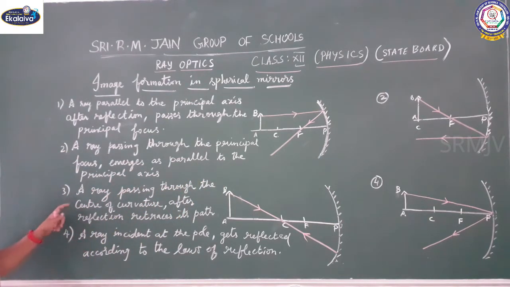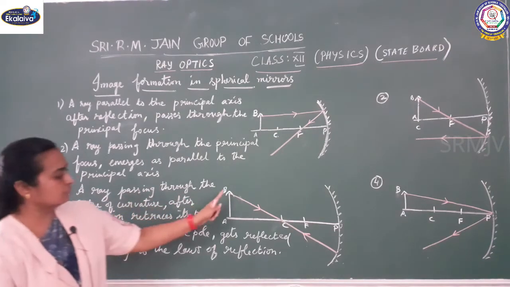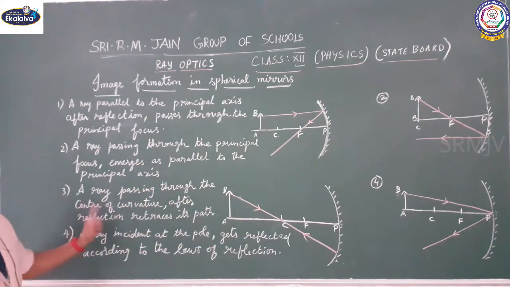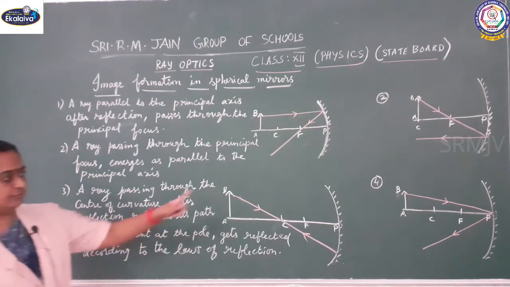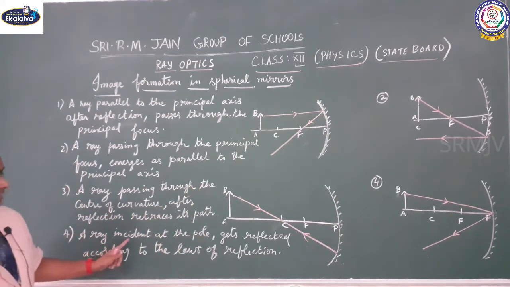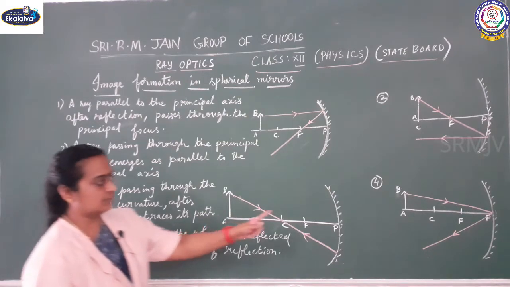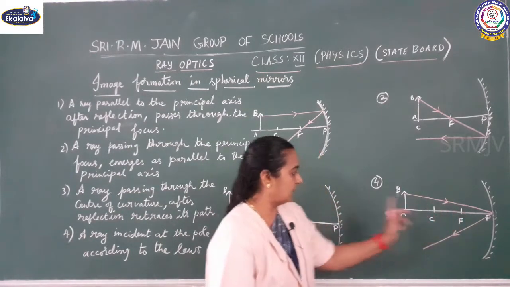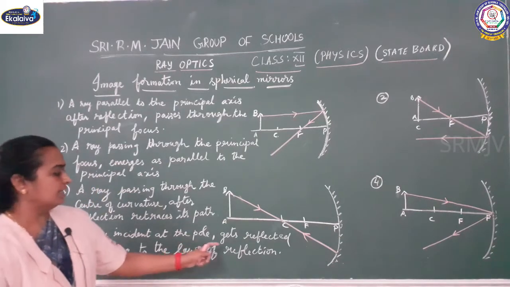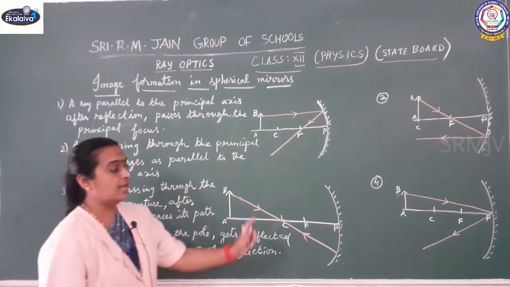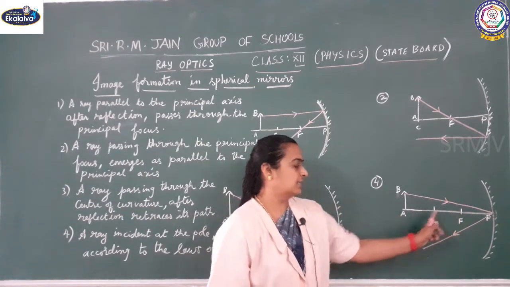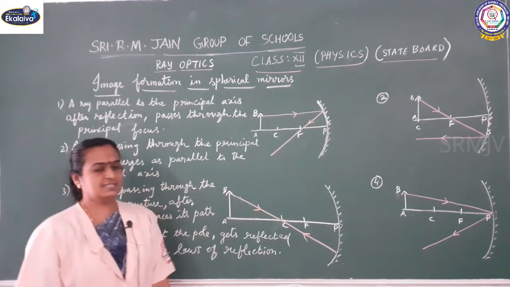The third one, a ray passing through the center of curvature, after reflection retraces its path. And finally, a ray incident at the pole gets reflected according to the laws of reflection, and the principal axis will act as normal.